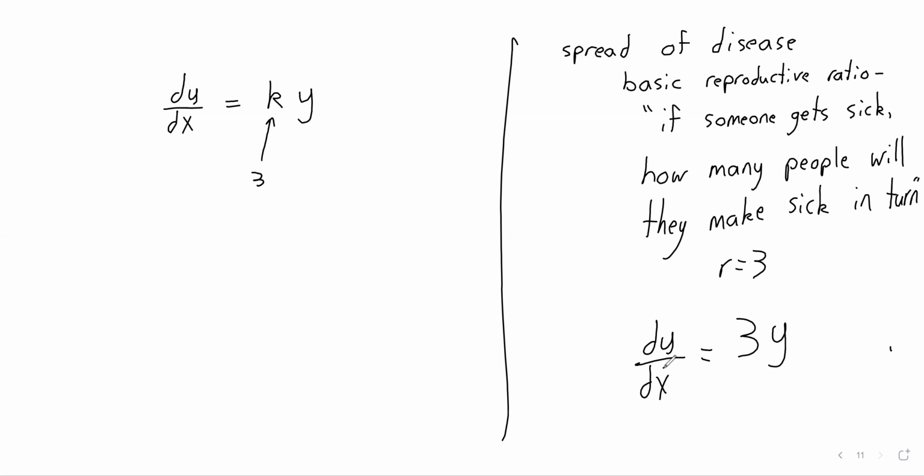And there are other very standard applications. If you think of the spread of a rumor, it can be modeled as if it were a disease. You ask, well, I've heard the rumor, I'll tell it to 2 other people: dy/dx equals 2 times y.